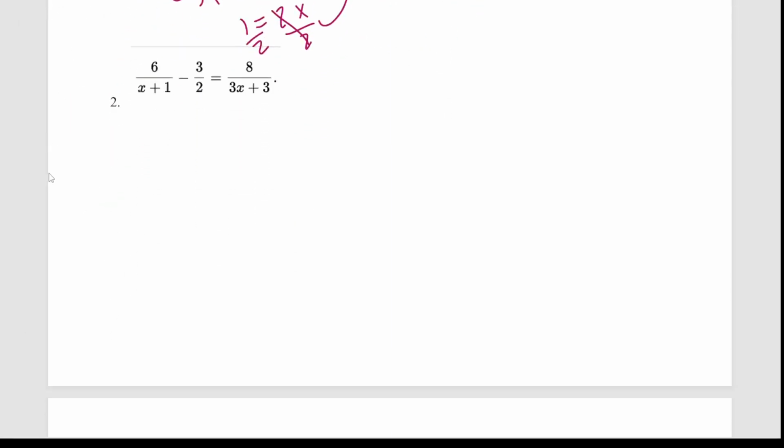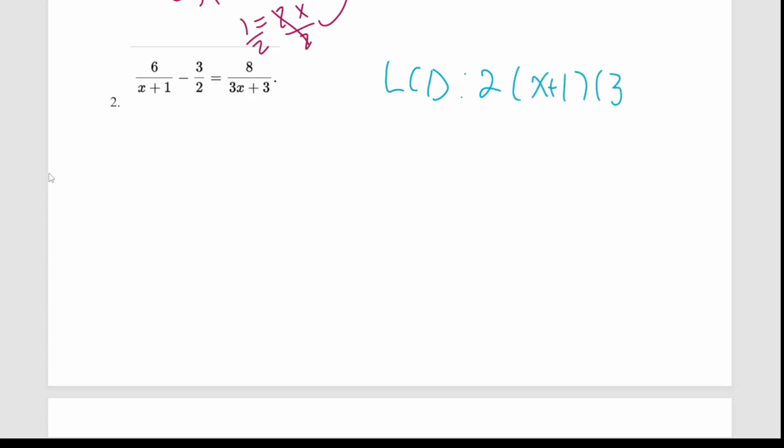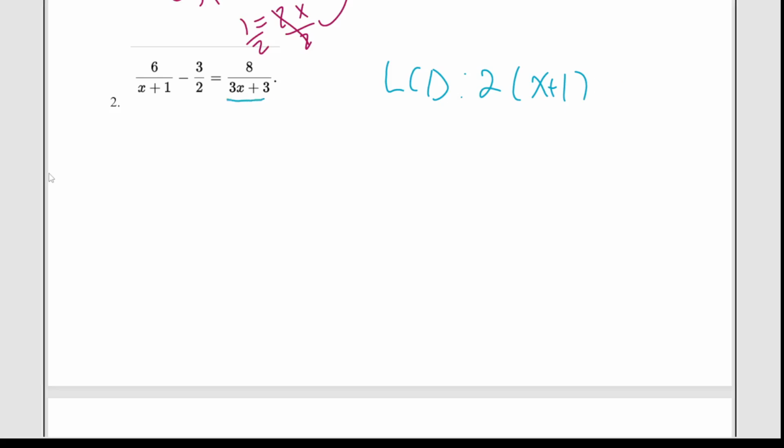For this next one, its least common denominator looks like it's going to be 2 times x plus 1 times, and then actually before I start also doing that, we notice that this is factorable, and I think I might save myself a little bit of time if I factor that, because in particular, 3x plus 3 have a greatest common factor of 3. 3x divided by 3 leaves us with x. 3 divided by 3 leaves us with 1.